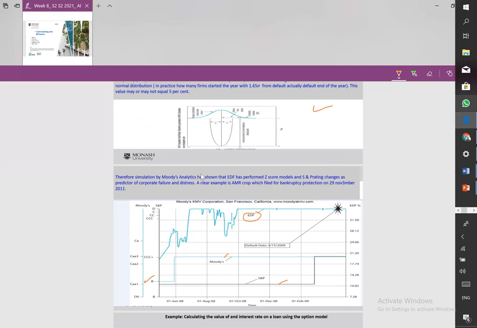And S&P was saying B. They only brought it to C on 1 February 2009.